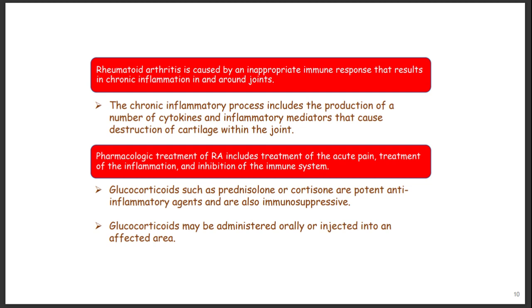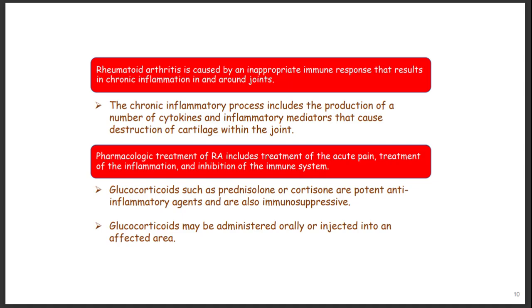So glucocorticoids such as prednisolone or cortisone, these are potent anti-inflammatory agents and are also immunosuppressive. Glucocorticoids may be administered orally or injected into an affected area. Glucocorticoids are drugs that help in inflammation.